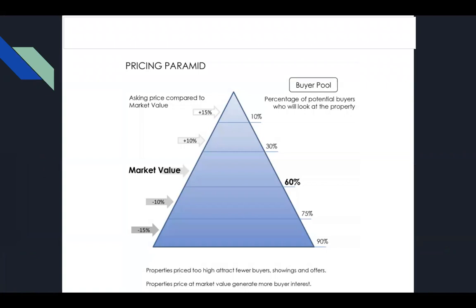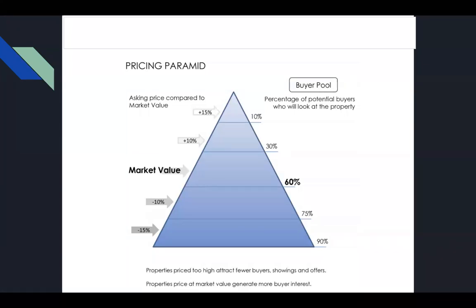So when you price your property as a listing agent, you want to price it at market value, and that gives you 60% of market share. Or you can price it high and get a smaller market share, which means the seller is not in a hurry to sell unless they get a good price.